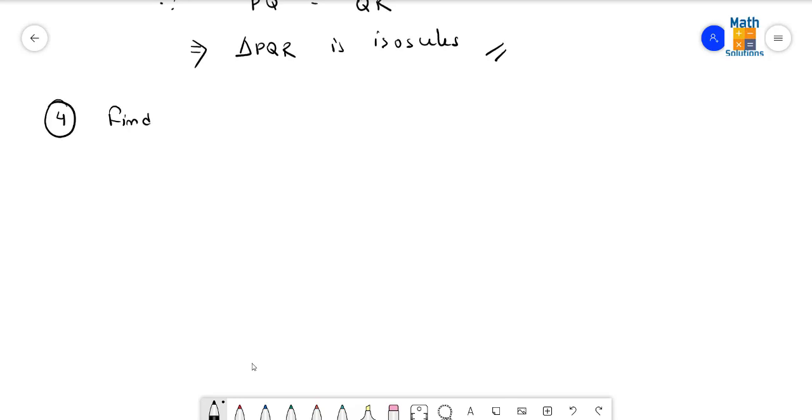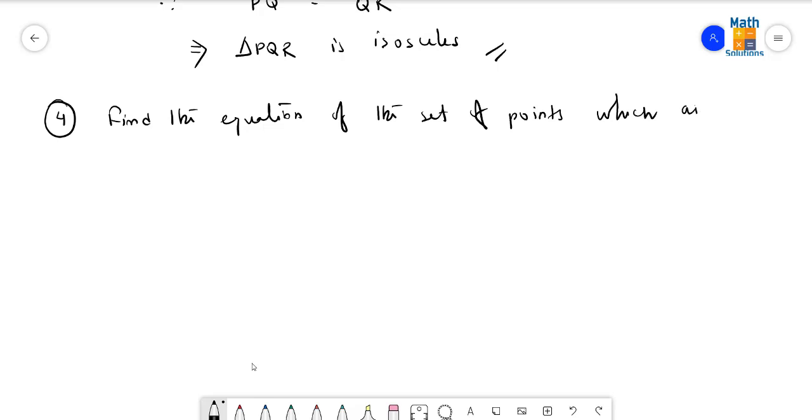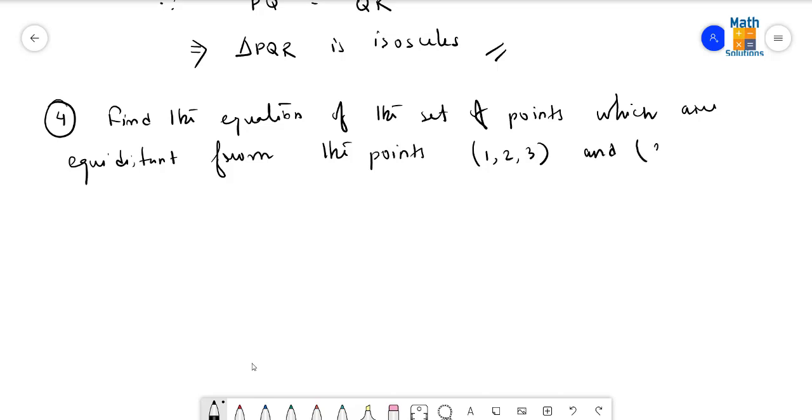Find the equation of the set of points which are equidistant from the points 1, 2, 3 and 3, 2, minus 1.